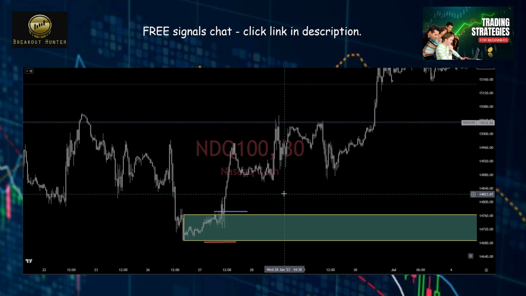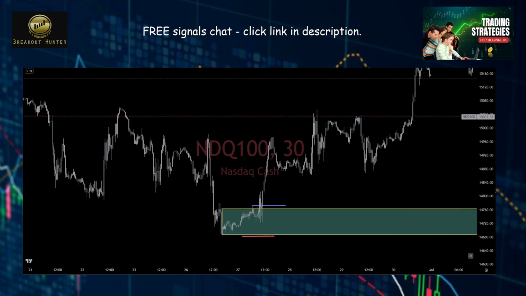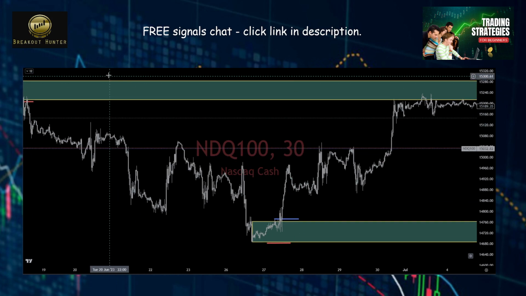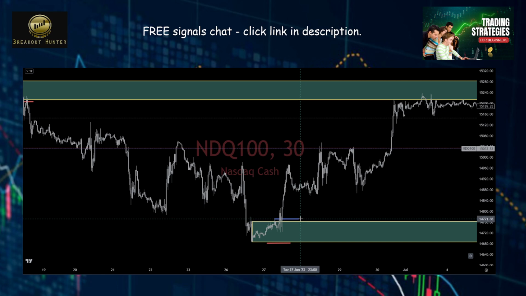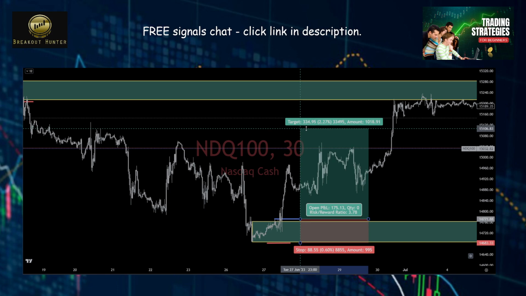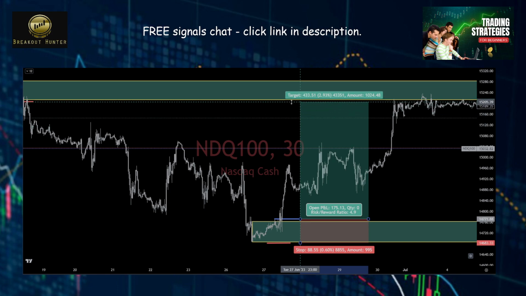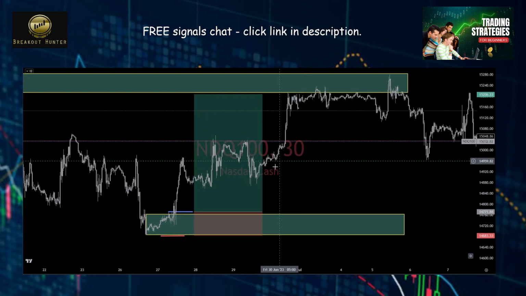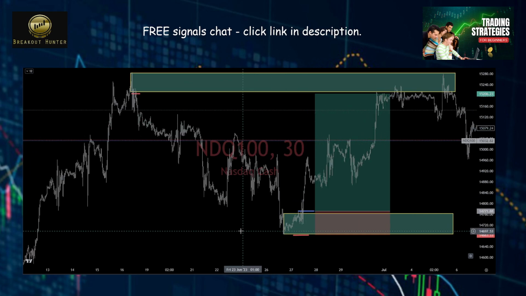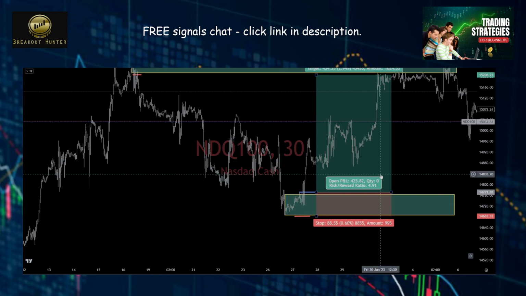When price comes down and triggers it, you're in a long position, and this one's simple for your take profit. You literally just take profit right underneath the supply zone right here, and it hits right there. This would have been a 4.91 RR with 434.35 pips of NASDAQ 100.